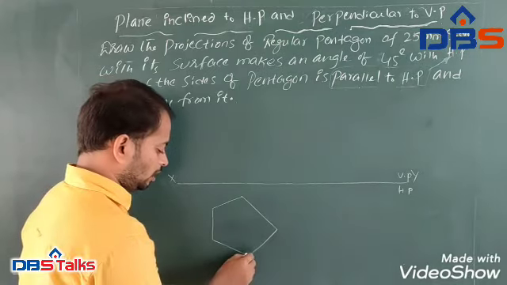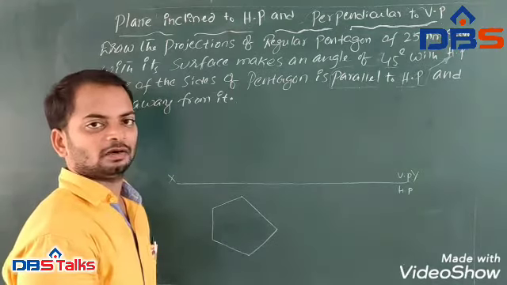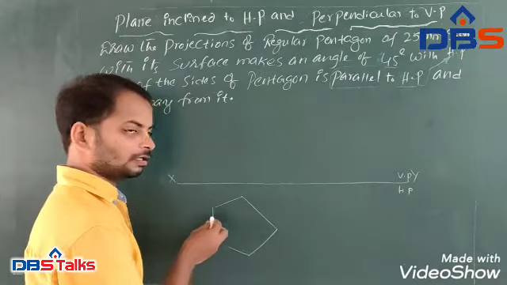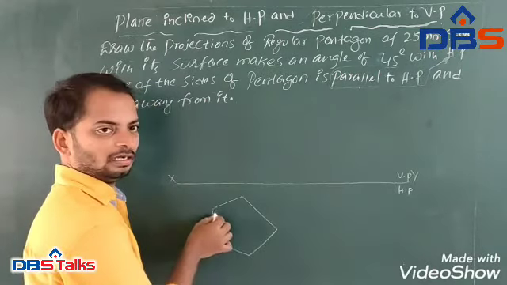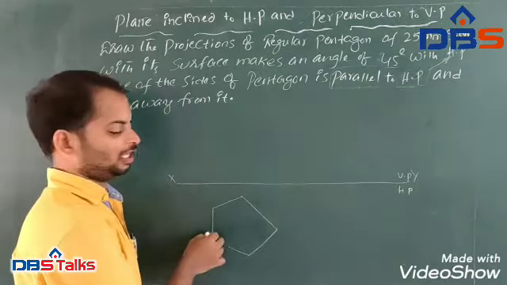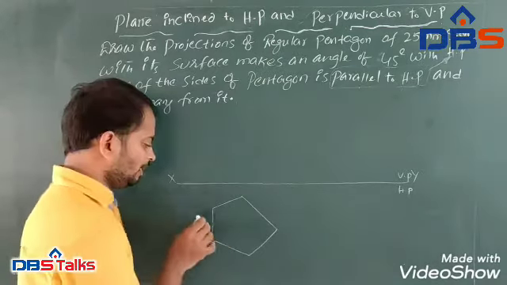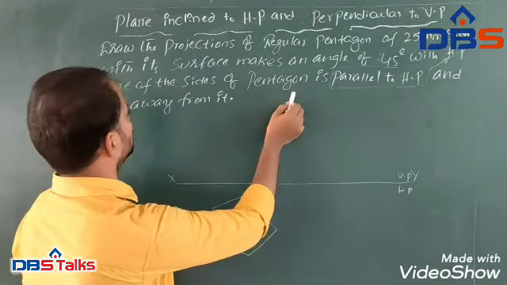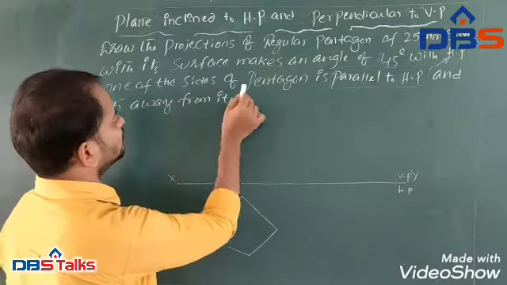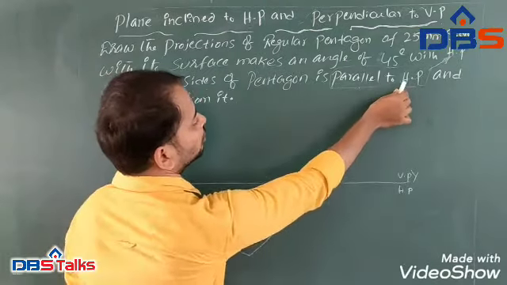Actually, in the drawing there is one principle: firstly, a line is drawn always perpendicular to the plane. But in the problem, one of the sides of the pentagon is given as parallel to HP.